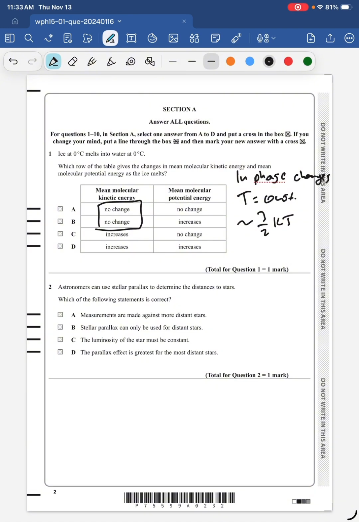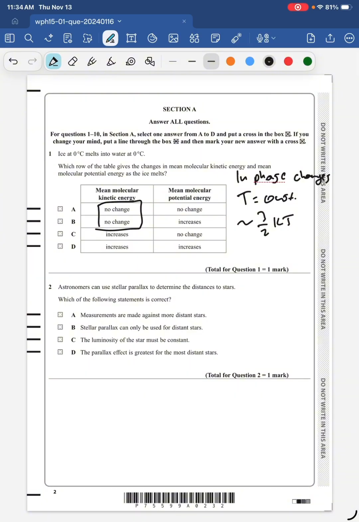But the potential energy increases, because the bonds that hold the ice together break. So we increase the potential energy. I think in one of my lessons, this was a point of confusion.